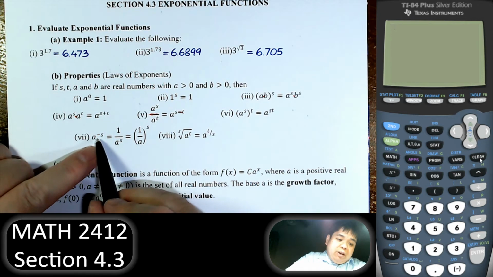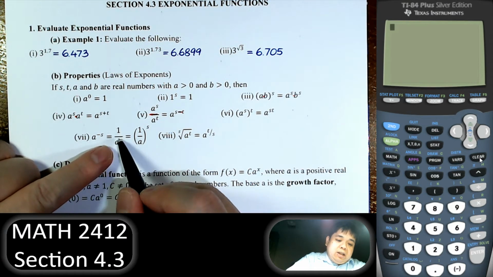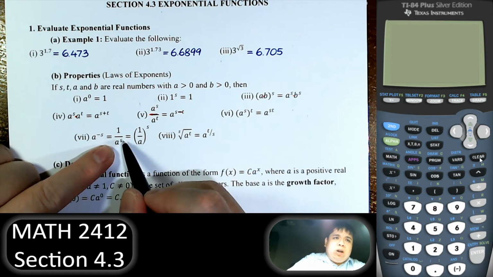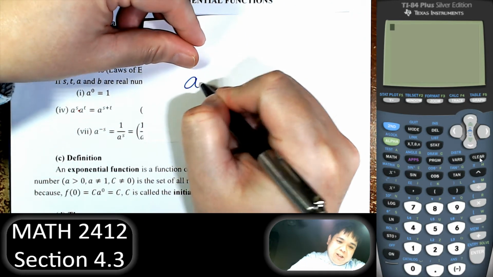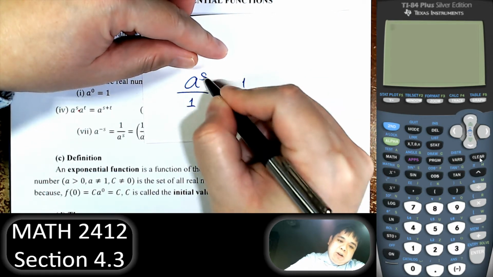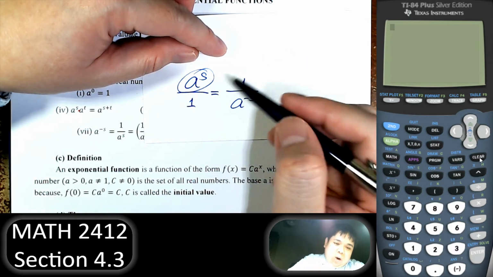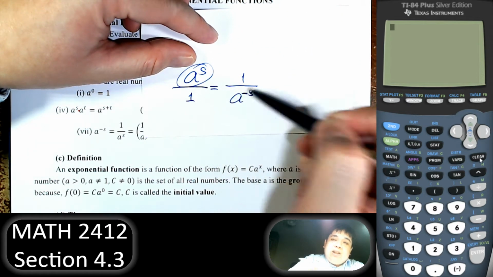And now when we have a negative exponent, it is like 1 over the same thing but with the positive exponent. If we move that to the bottom, that becomes negative. So that's what I would say: cross the line, change the sign.